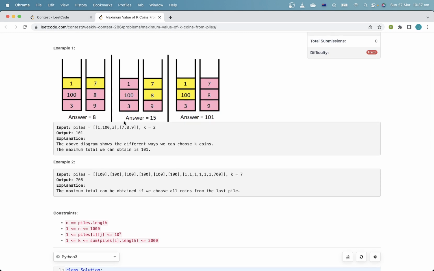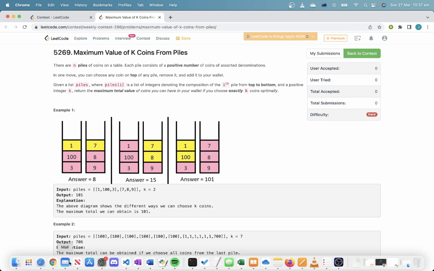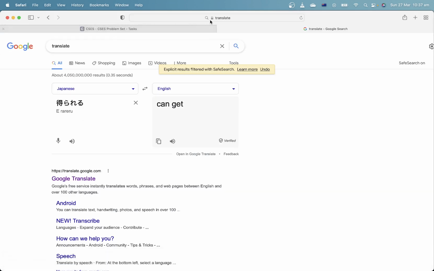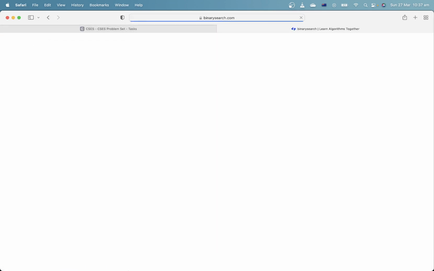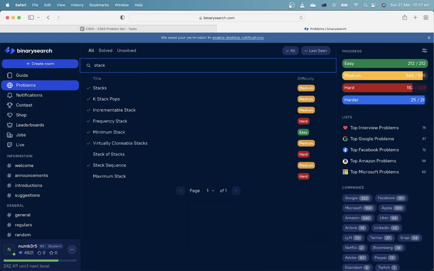Okay. Have I solved this problem on binarysearch.com? I think I might have. Is it that one?